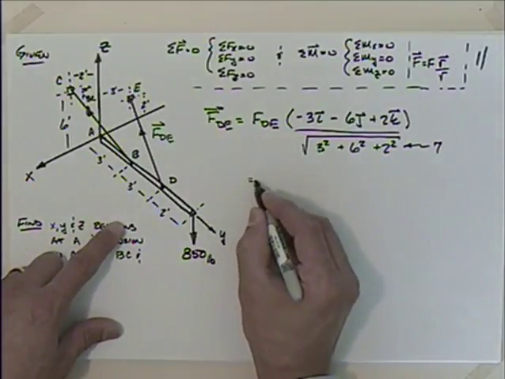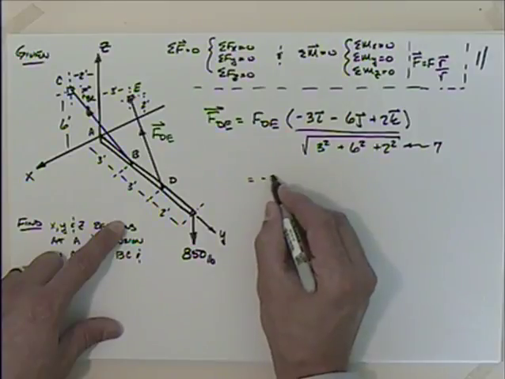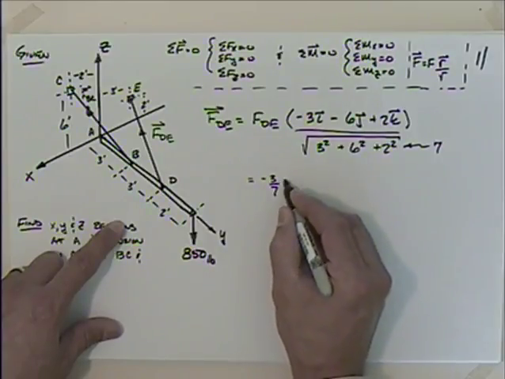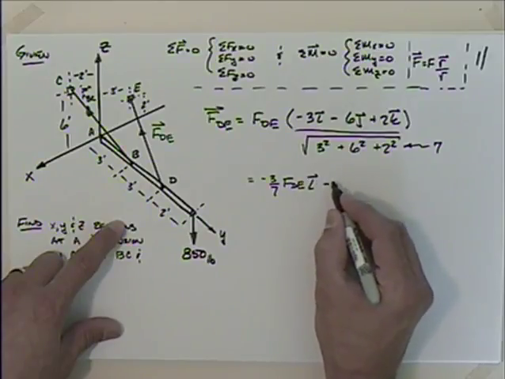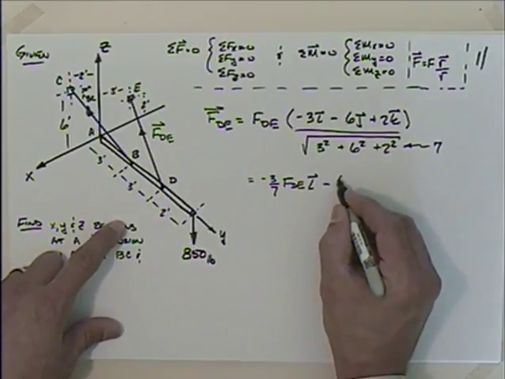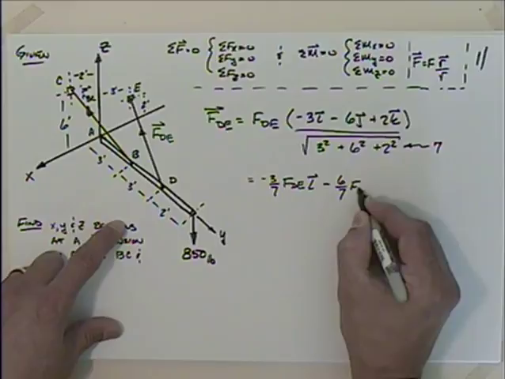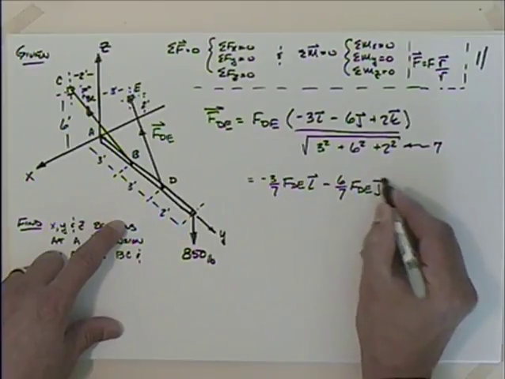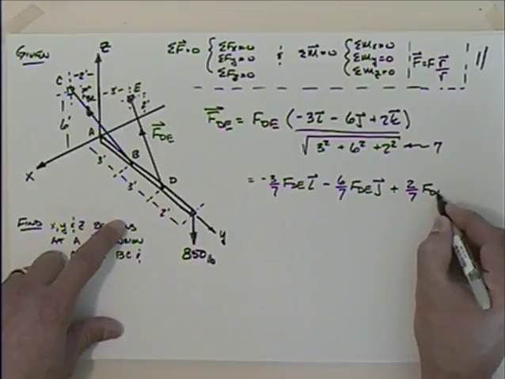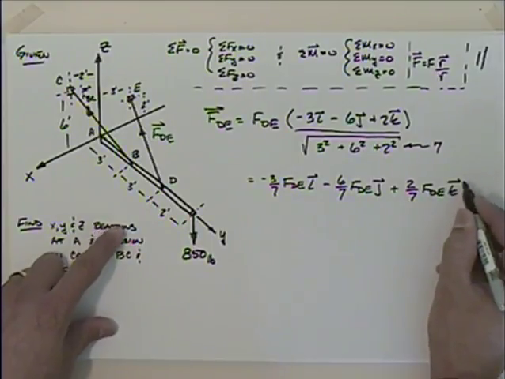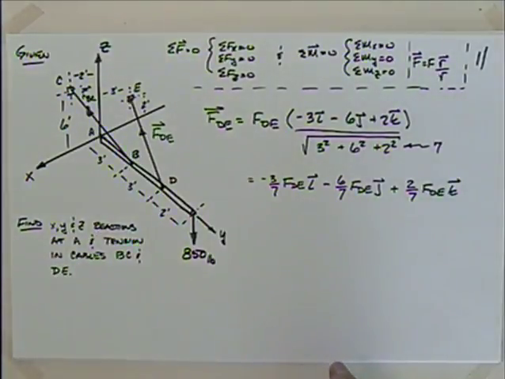We could say that this is equal to minus 3/7 FDE in the I direction, minus 6/7 FDE in the J direction, and plus 2/7 FDE in the K direction. I think that's what we've got.